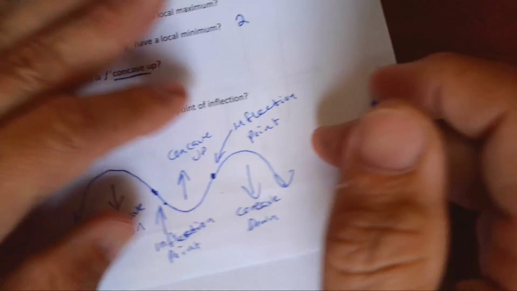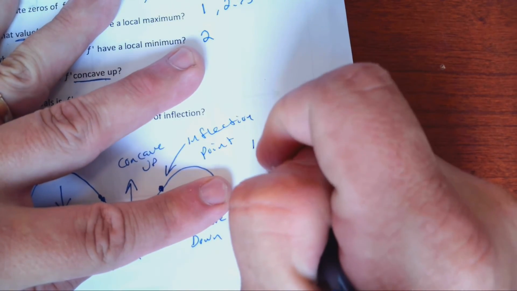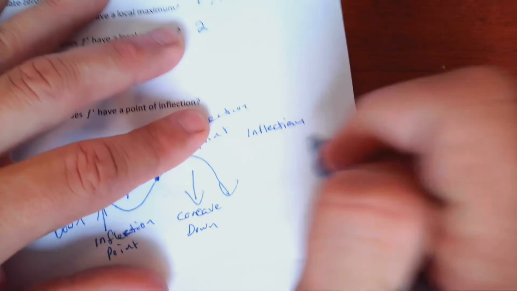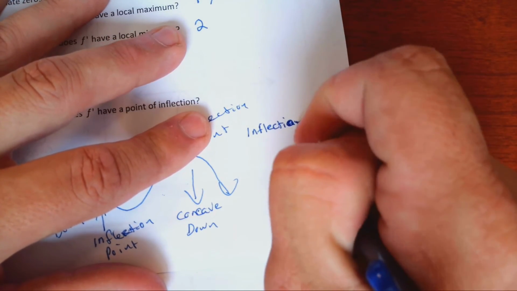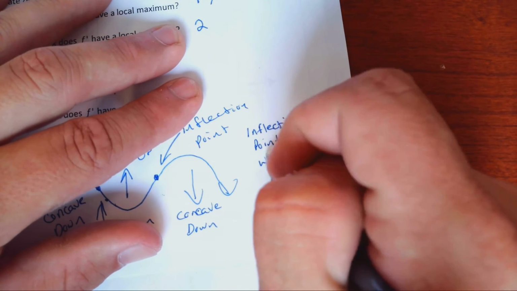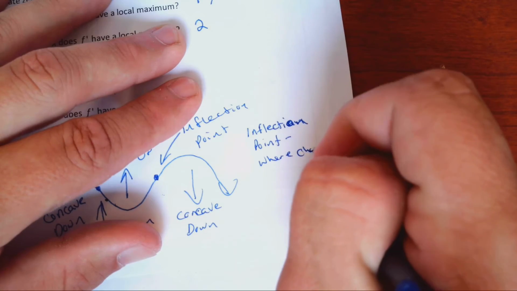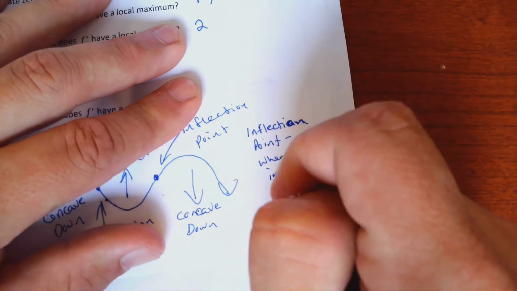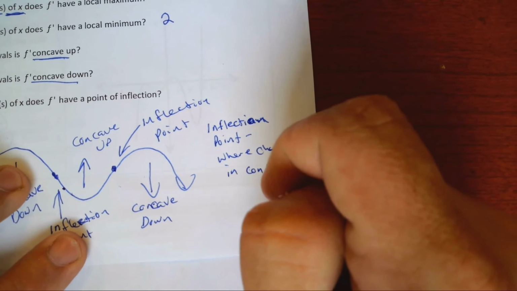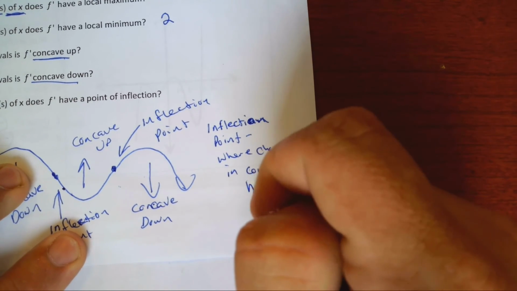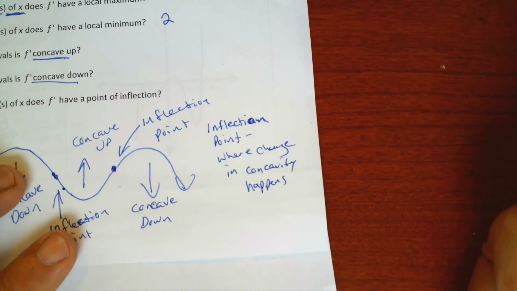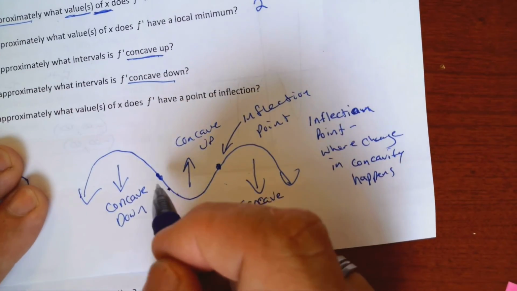And an inflection point is where a change in concavity happens. Meaning it's where it changes over from being one thing to the other. So this is an inflection point.